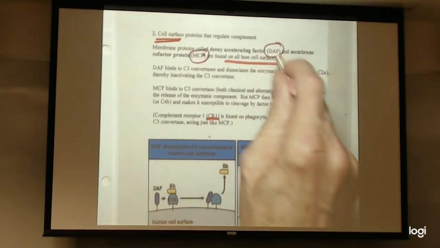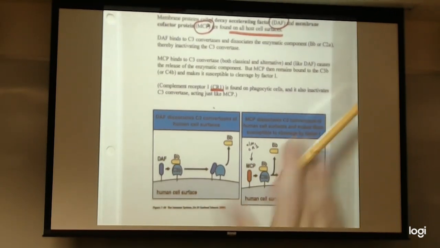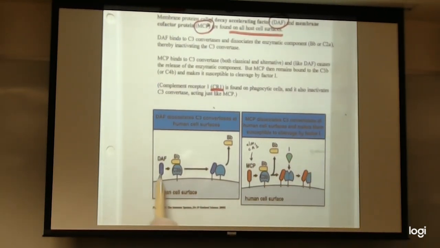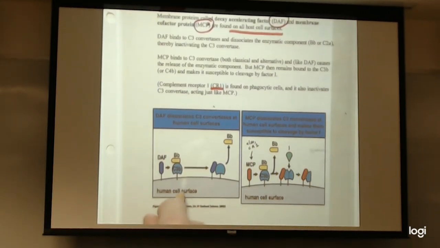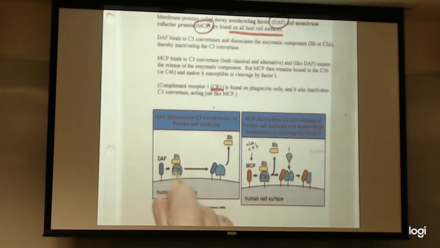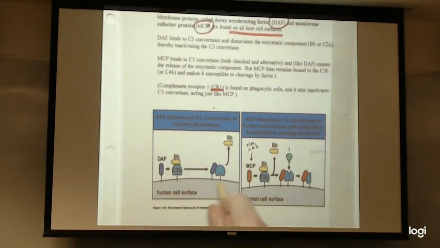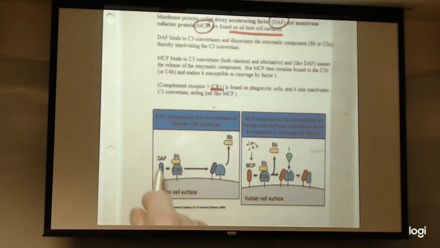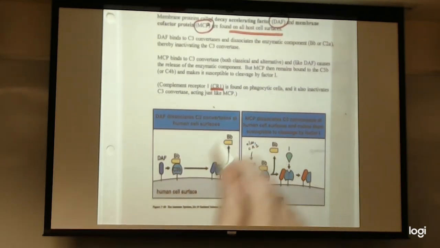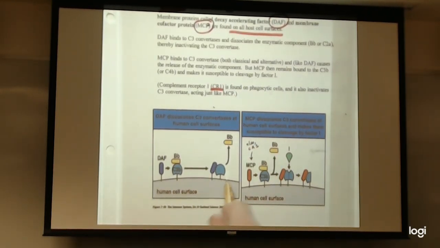Let's take a look at DAF. All our cells have DAF on their surface, and here we have some C3 convertase that somehow got C3b landed on one of our own host cell surfaces. It grabbed B, and now we have a C3 convertase here. But along comes DAF, and before we can make very much C3b bound to things, it will cause the release of the B component, and that's the end of the story for C3 conversion.